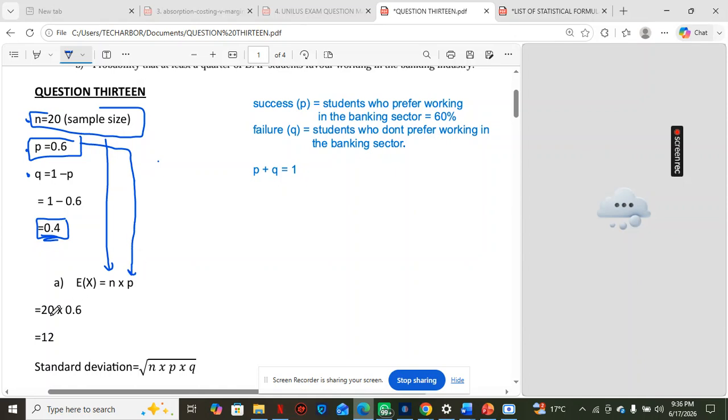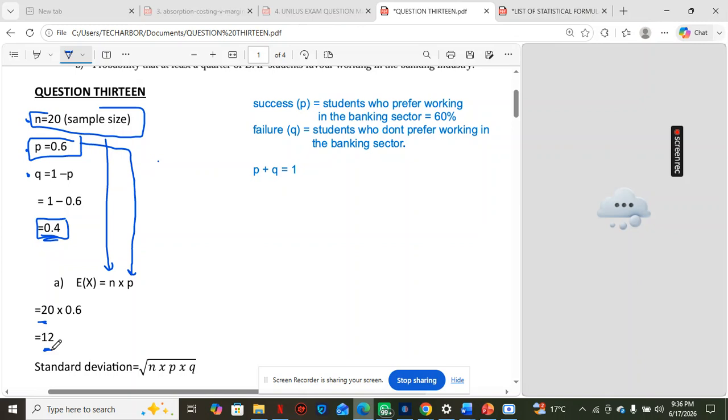So there are 20 students and 60% prefer working in the banking industry. So 20 times 0.6, you get 12. What this 12 is telling us is that on average, there are 12 students who prefer working in the banking industry. Any questions before I go to the next part?